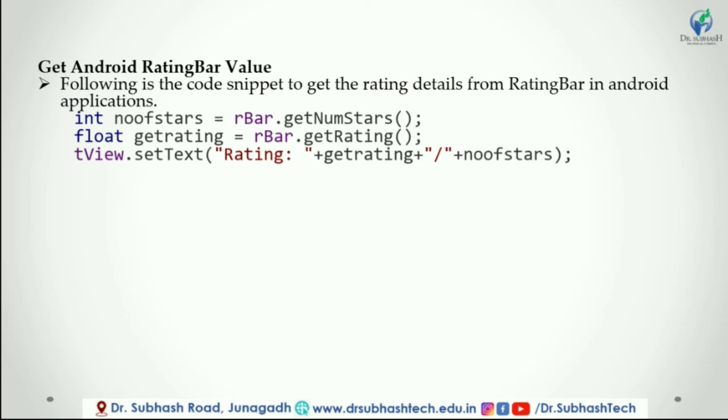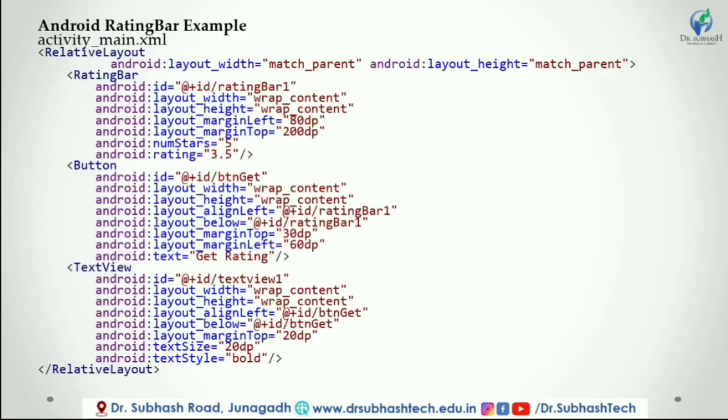In code, we use getRating method to get the selected rating, and we set the text as per selected rating. This is how we can get the number of stars in rating bar control and the selected rating value from the rating bar control in Android application.